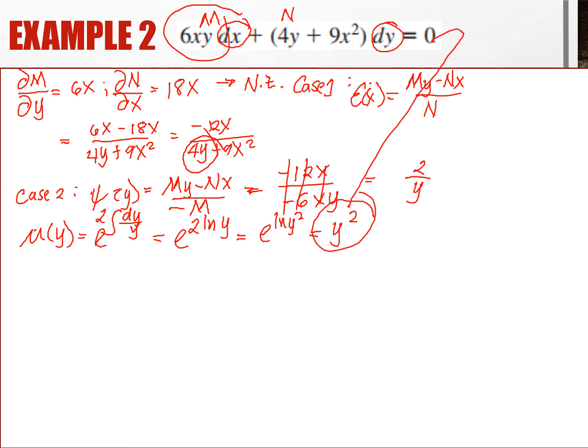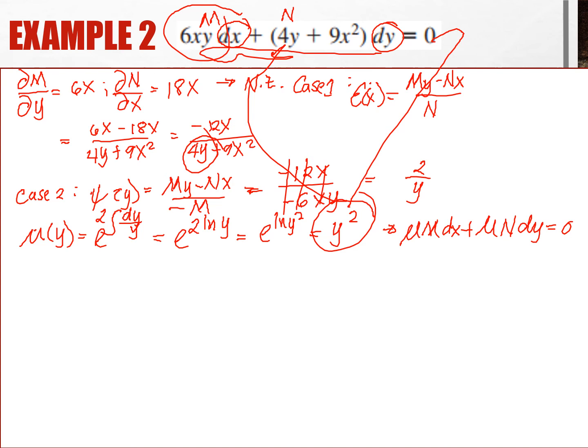Now, this integrating factor is then multiplied on both sides of the equation. You multiply in this side of the equation, all of this, and we have the final form, the same in the form of mu M dx plus mu N dy equals 0. So we multiply that.